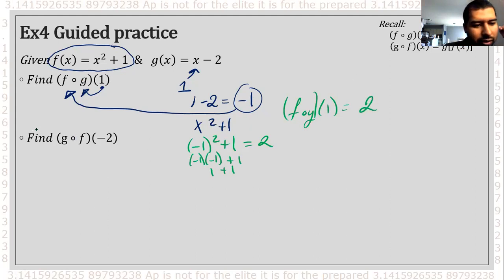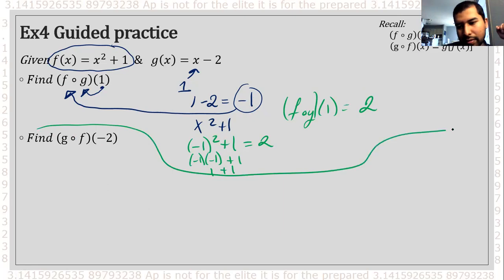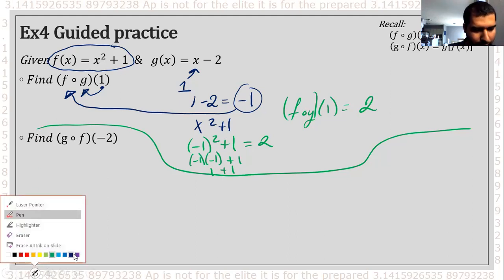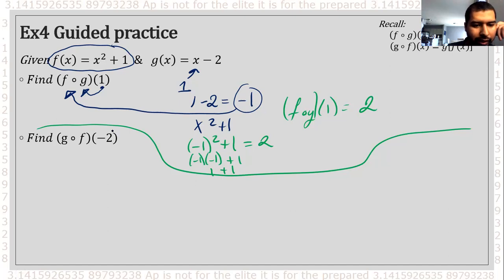Sorry, my handwriting looks like it's getting worse by the minute. Alright, let's go with the next one. We got this right here. Let me get a different marker. Purple works. I get my -2. I put it into my f. So essentially, I'm solving for this right here.